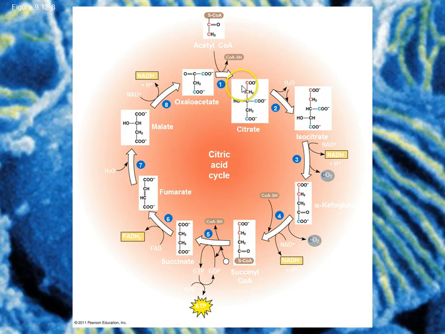Ultimately, you have to keep in mind that for each molecule of acetyl coenzyme A, we create 3 NADHs, 2 carbon dioxides, an ATP molecule, and an FADH2 molecule. Notice that the 2 carbons that came in are denoted in red here.